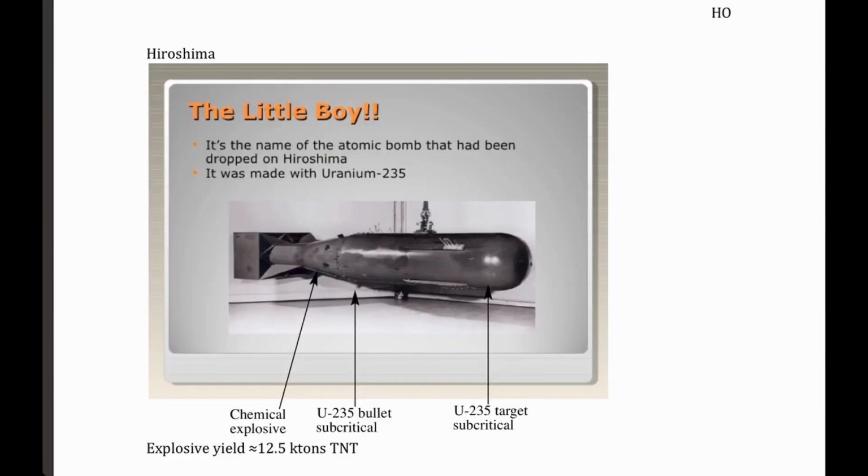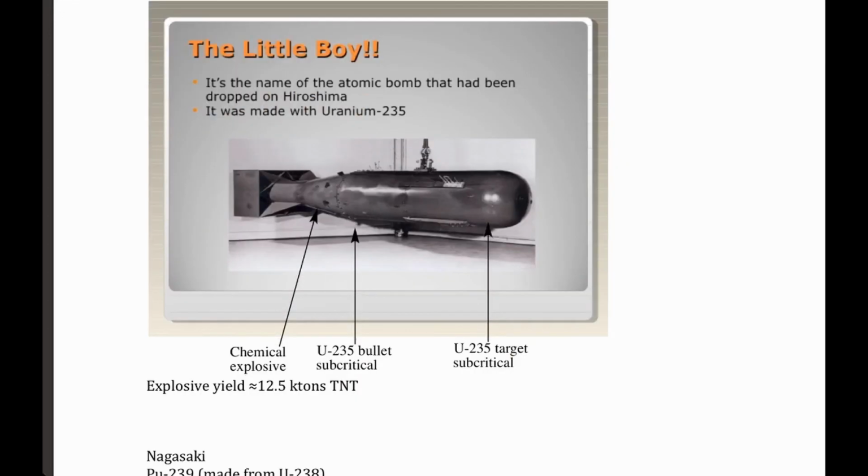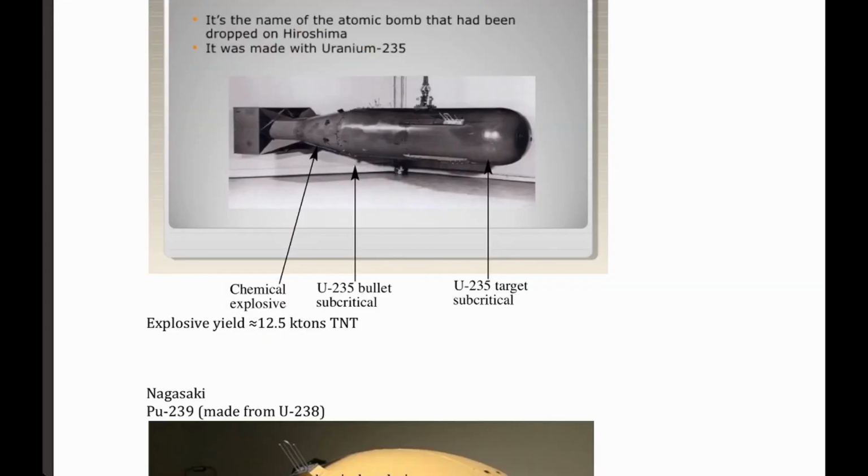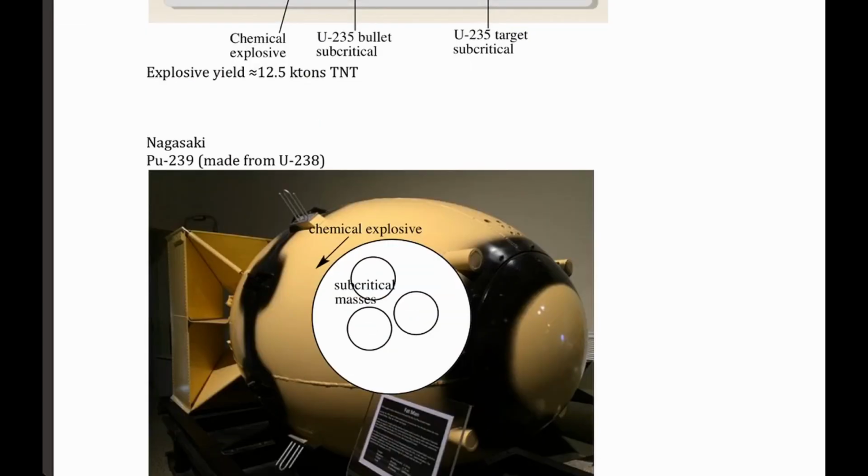These last diagrams are showing the bombs that were dropped on Japan at the end of World War II. There was the Little Boy, which was a uranium-235 bomb, and it contained subcritical pieces of uranium that were then driven together by a chemical explosion that caused the subcritical masses to be forced together, and that then gave rise to a supercritical mass that underwent the fission.